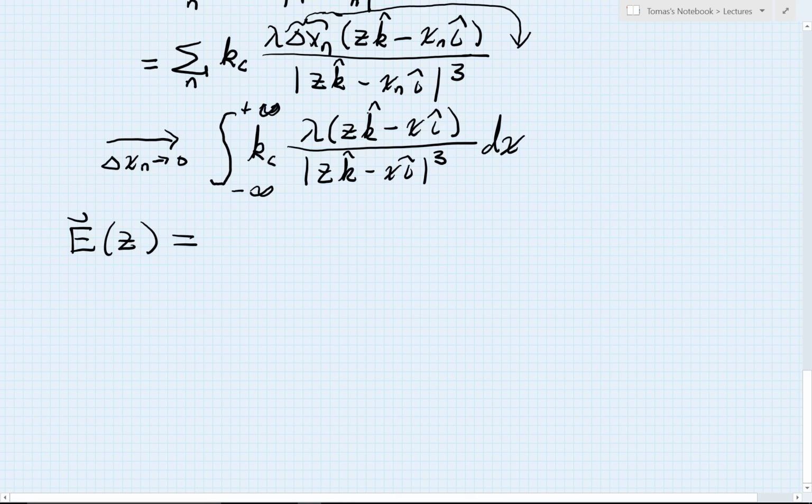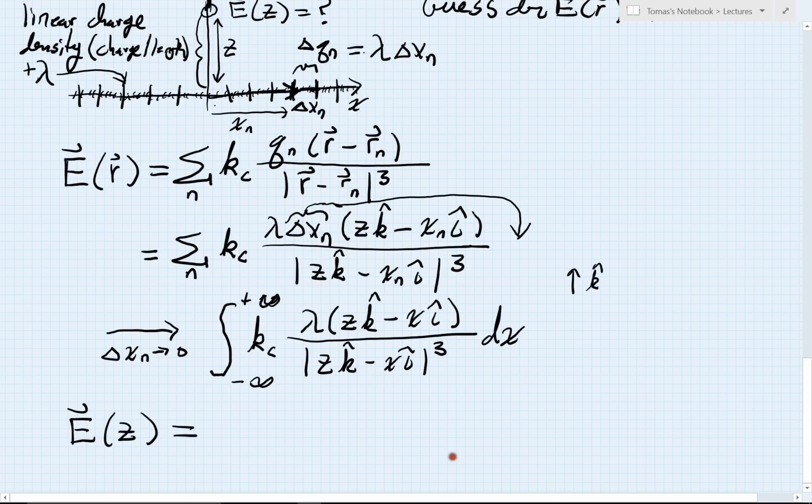The second thing is that i hat and k hat are also constants. k hat always points upward, regardless of the value of x. As I go along this line, as I vary my integration variable, the k hat direction is always up. Likewise, the i hat direction is always to the right. So these are also constants as far as our integral is concerned, and being constants, I can pull them out of the integration.